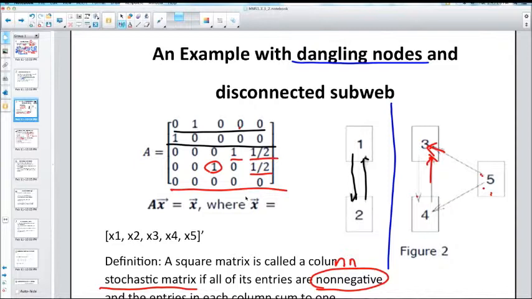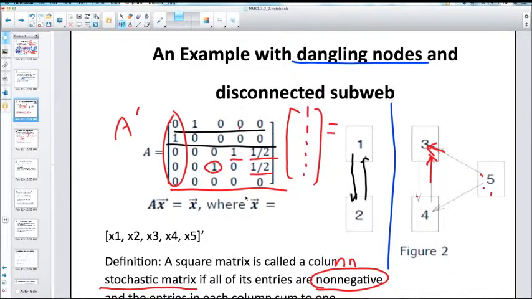Now, each row is a row of the A transpose. And if you multiply this by the vector 1, 1, 1, 1, 1, of course, you're going to get 1, 1, 1, 1, 1.